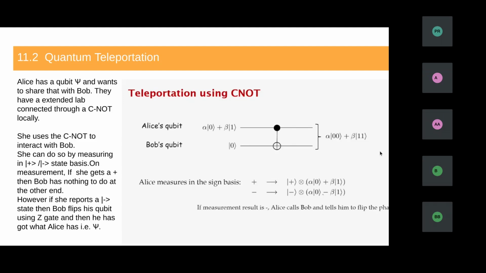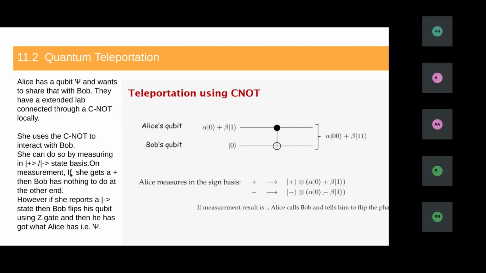But typically what we are trying to express is, if Bob can get this, he can resolve this. She can take a telephone call and tell Bob. If she measures, she will destroy the state, because whenever anybody measures, they collapse the state. So she will lose her alpha 0 plus beta 1 if she measures. But Bob has already got this one.